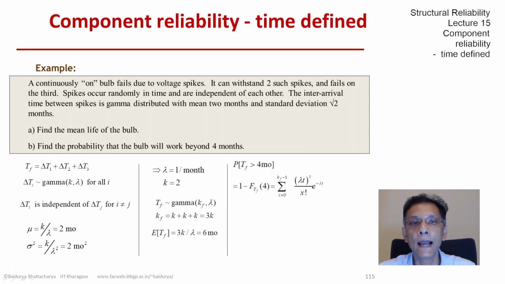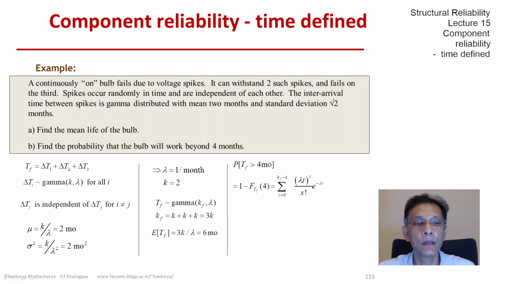Let's go back to the basics, the way we defined the CDF of the gamma random variable, which we did a couple of slides back. So 1 minus the CDF of the gamma random variable is what we want, evaluated at 4 months. That is given by the sum of a few Poisson PMFs, with x going from 0 to kf minus 1.